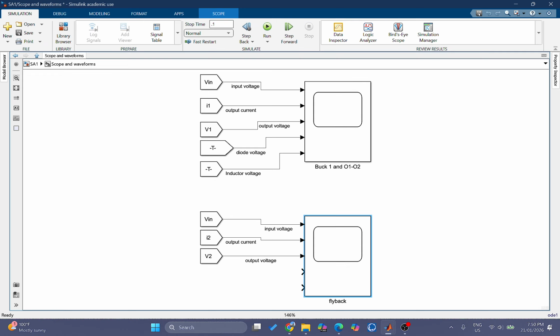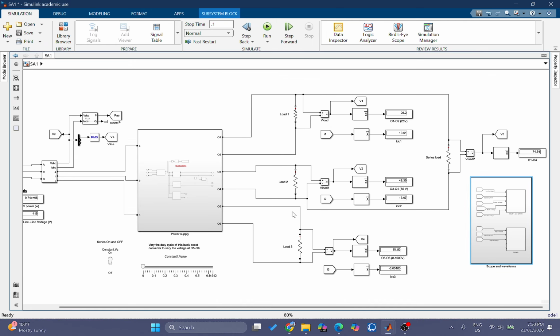Now, looking at these simulation results, we confirm that the voltage regulation is within plus or minus 5%, and the ripple is below the specified limit. Then we have a stable resistive loading.